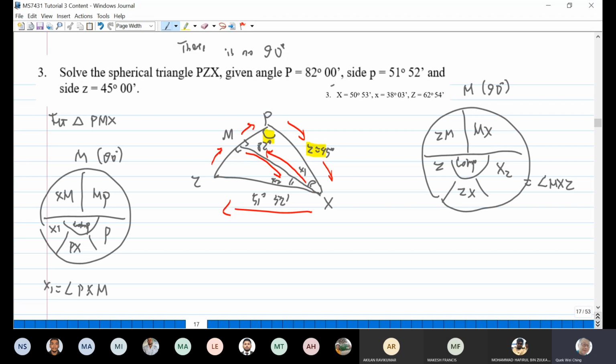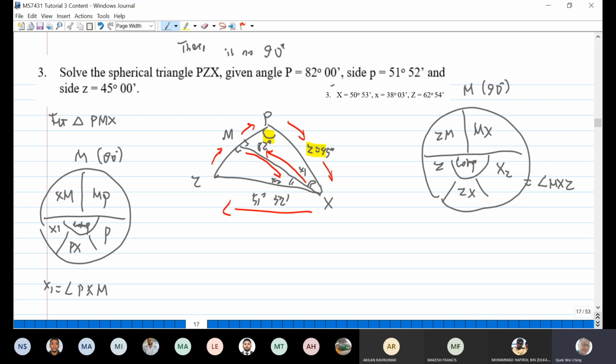When there is no 90-degree triangle, you split them into two 90-degree triangles.